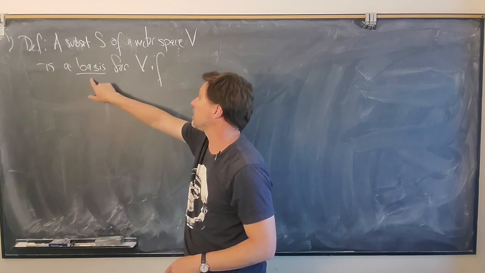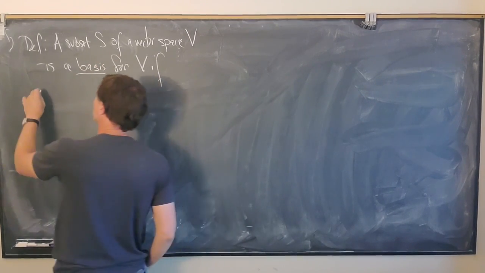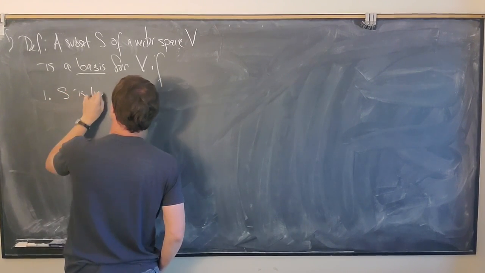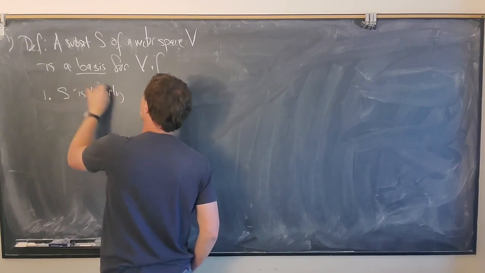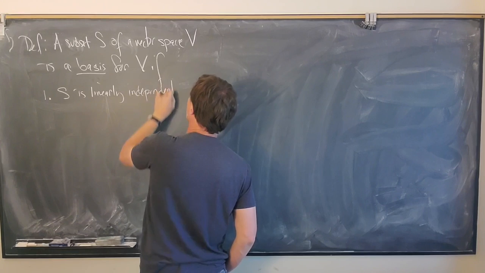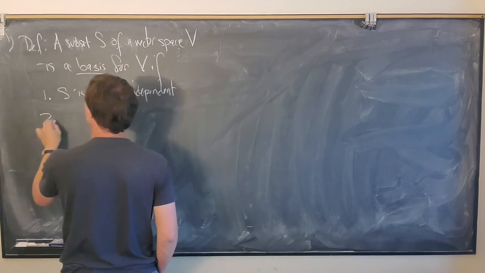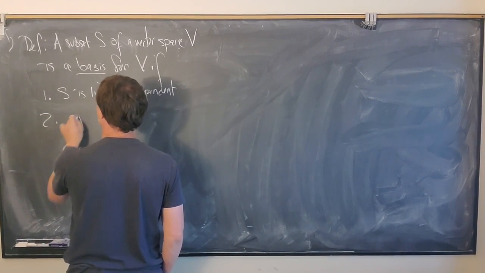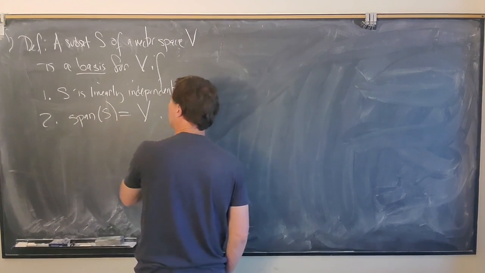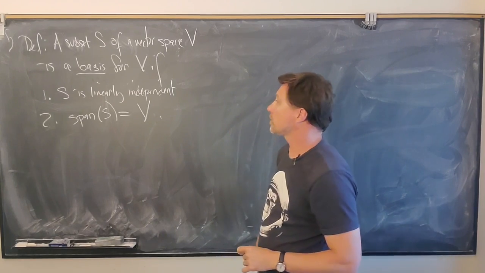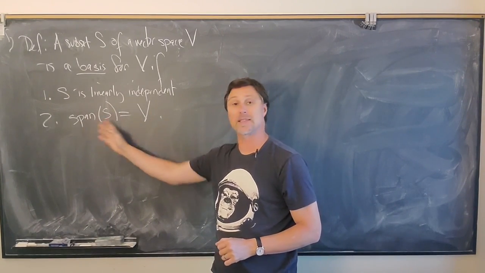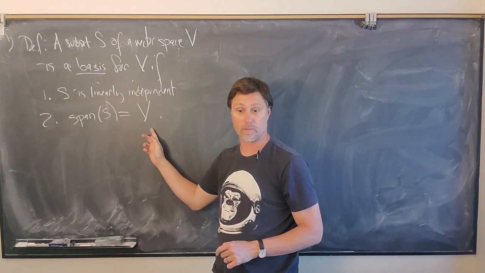A subset S is a basis if, number one, S is linearly independent. And second condition, the span of S is equal to V. So a basis is a linearly independent spanning set for our vector space.